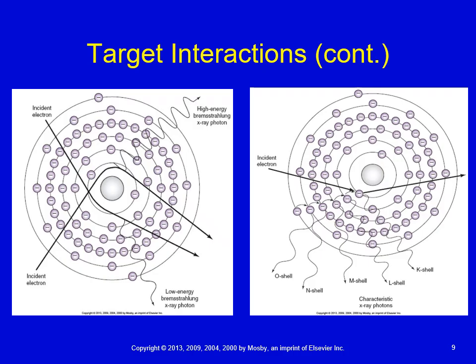All right, so again, do a little bit more research to figure out what the characteristic cascade is. Also, do a little bit more research on what bremsstrahlung radiation is.